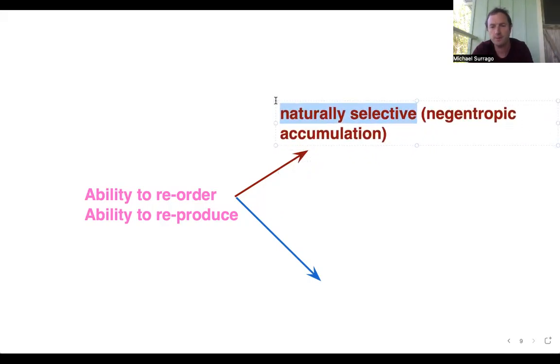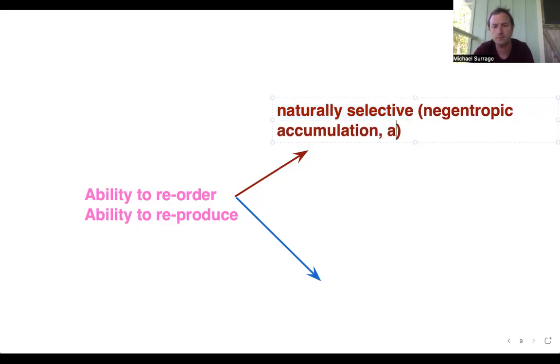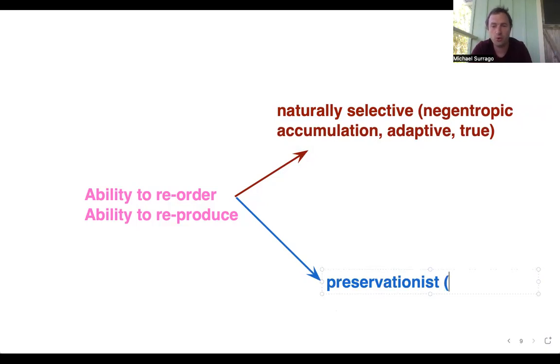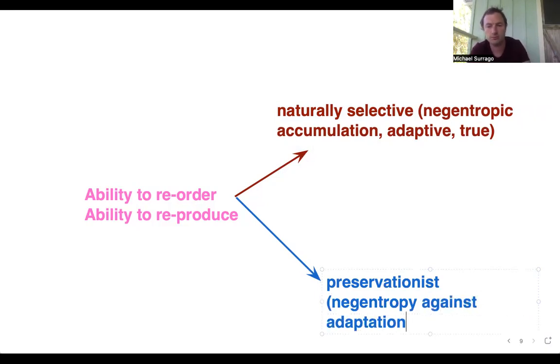Let me just put this up here. And then you're going to have down here preservationist, which would be negentropy against adaptation, seen as entropy.